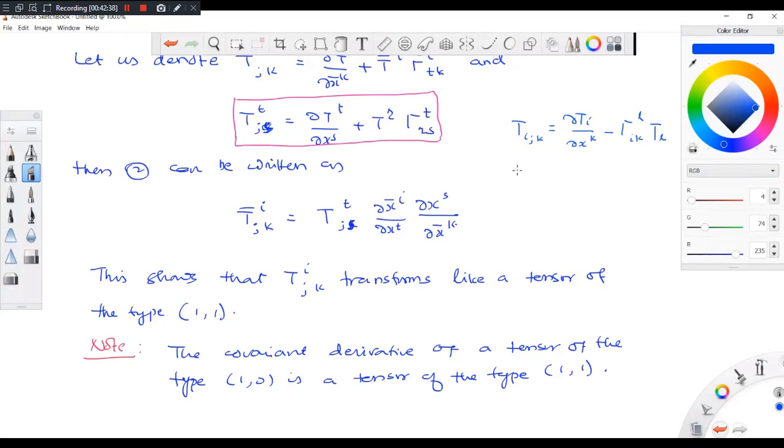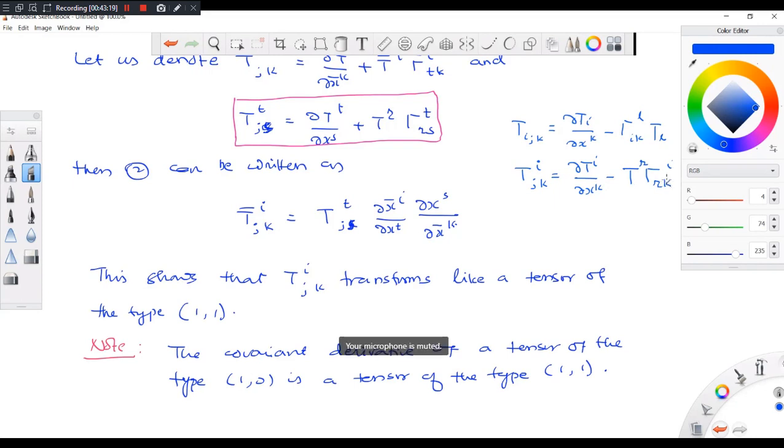Now suppose I write T I semicolon K. So Ti is a covariant vector, this is a contravariant vector. Then this will be del Ti by del Xk minus, so you have a T and you have a gamma. Okay, so whatever I write here, this R should write here, R. Okay, and here it should be I and it should be K.